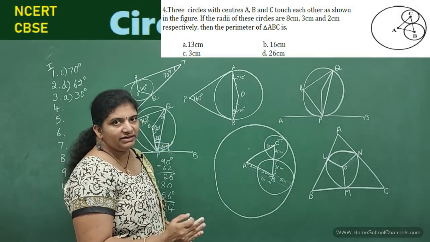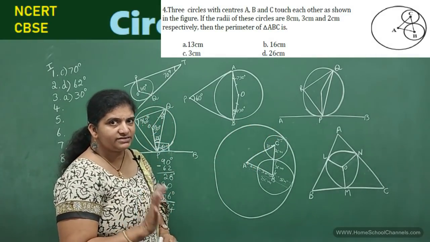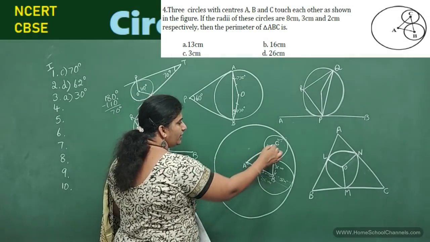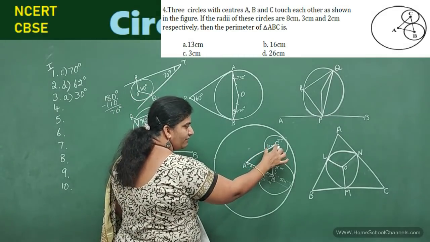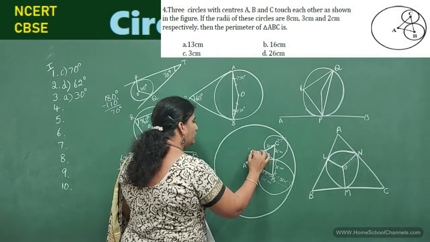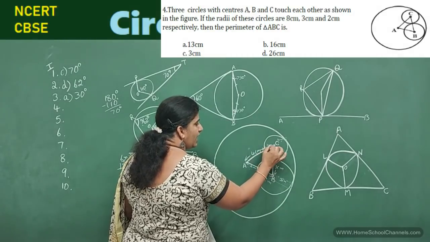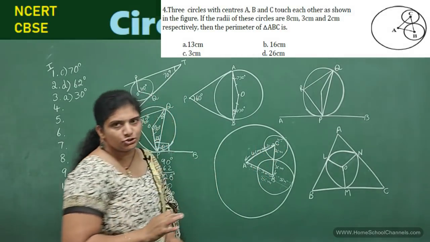In 8 centimeters, subtract 2. 8 minus 2 will be 6. From here to here it is 6. Already you have in the circle radius 2 centimeters. 6 minus 2 again you do. It will be 4 centimeters. From here to here 4 and from here to here it is 2.